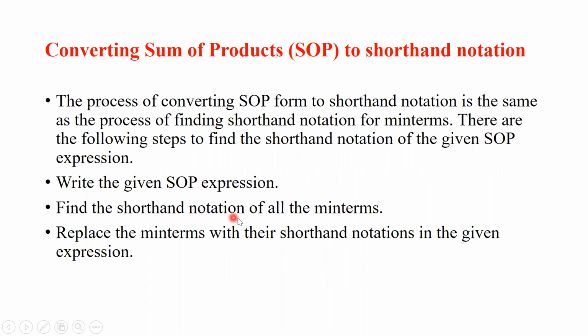You now know how to find the notation of all the mean terms. Then replace the mean terms with the shorthand notation in the given expression. So first write down the heading. From these steps it might be confusing, but we'll do it with an example. Converting the sum of product to shorthand notation.